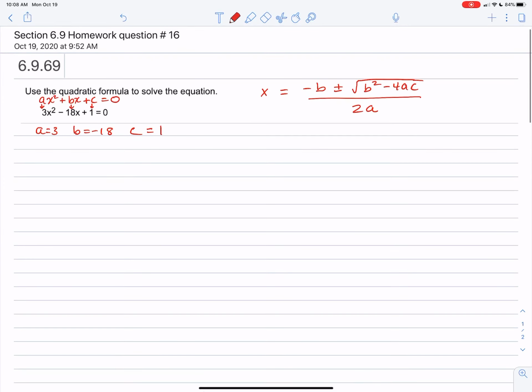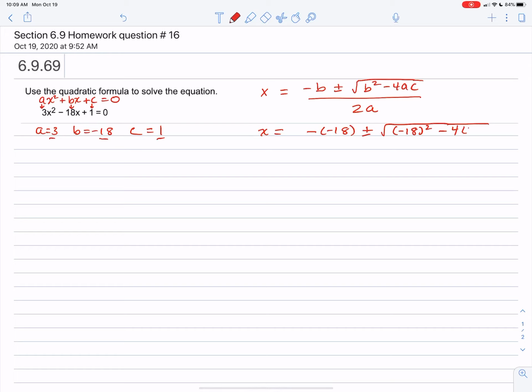So all we have to do is to substitute the values for a, b, and c into our formula and then simplify it. So x equals minus b. So minus b is a negative 18 plus or minus the square root of b squared. That's a negative 18 squared minus 4 times a times c.